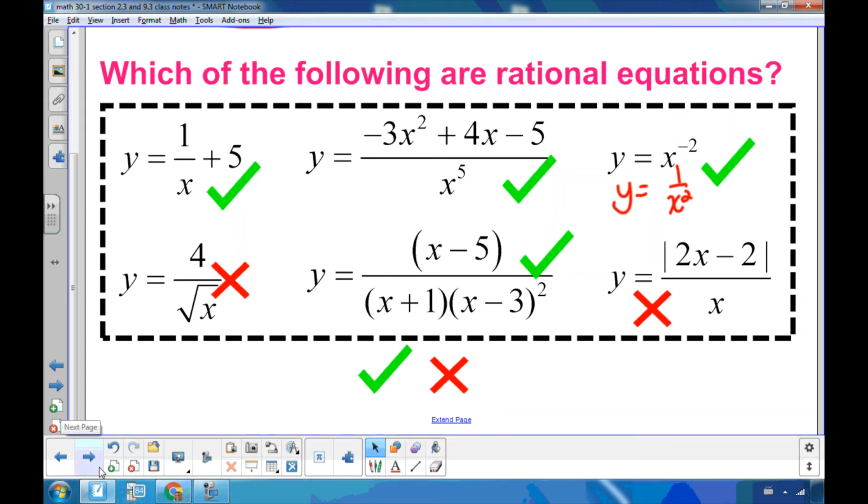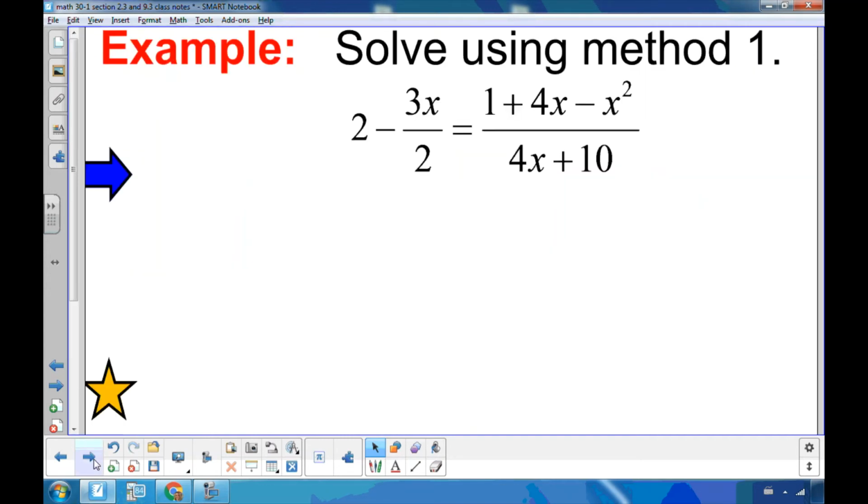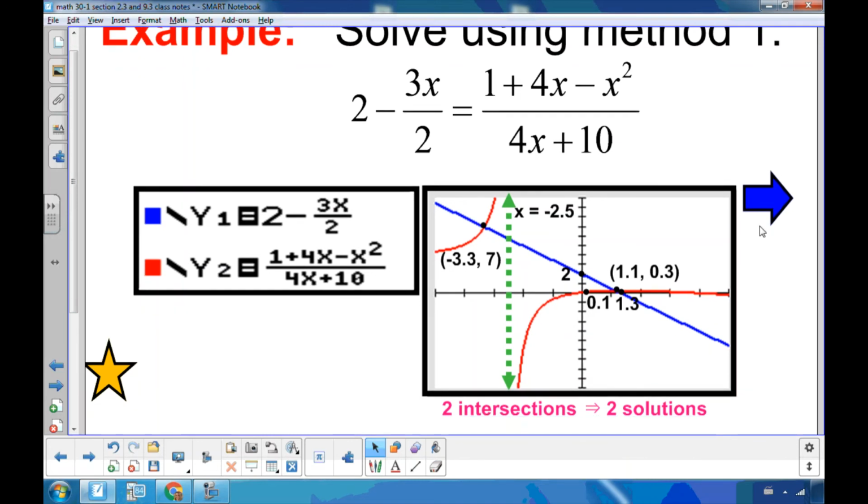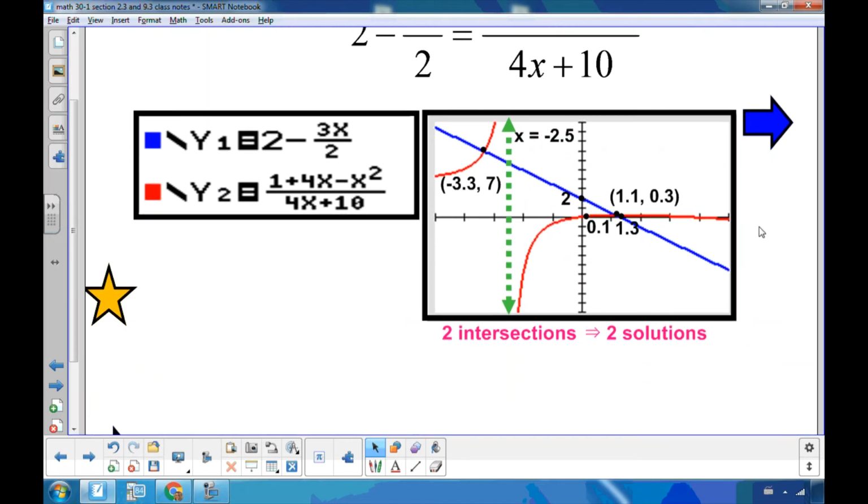Now that we know what a rational equation is, we're going to look at solving it, just like we did for radicals: method 1, method 2, and then algebraically. Method number 1 again is left side in y1, right side in y2. So it's all set up and good to go. There is what my equation looks like when I graph it. Notice that everything is labeled, including my vertical asymptote.